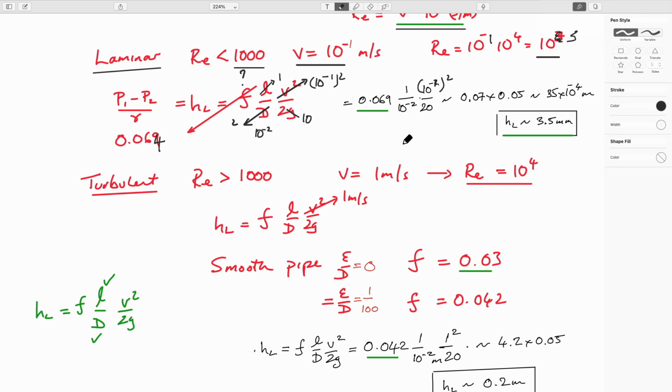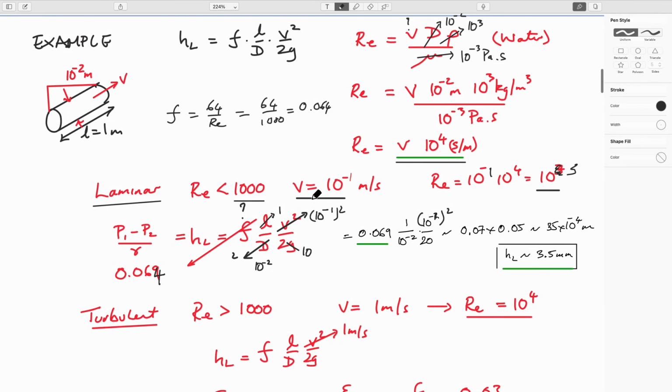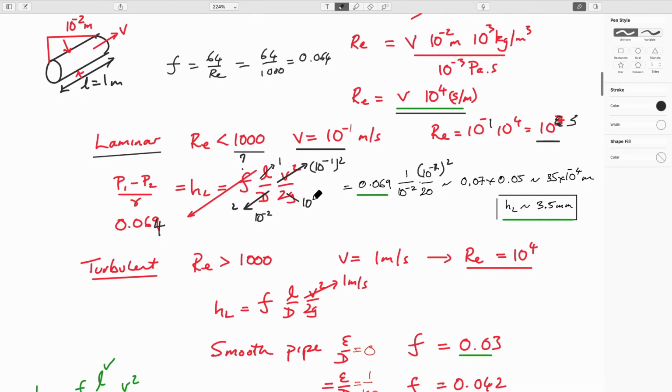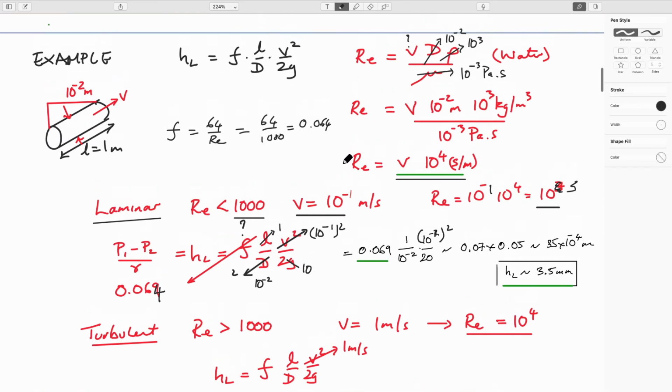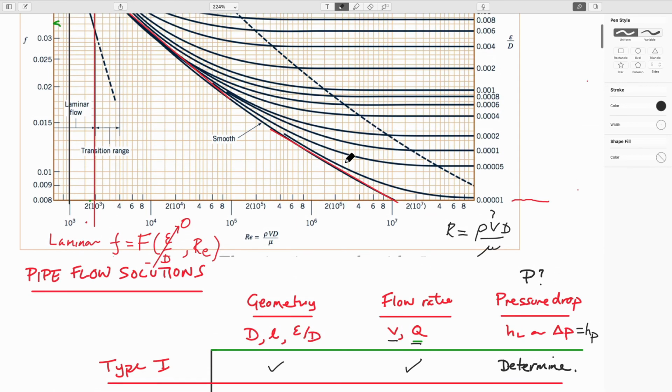So the other case is if we want to work on the other side. The point in this is that we can calculate the head loss directly because we know the velocity. If we want something to be turbulent, then we want to be somewhere on this side.